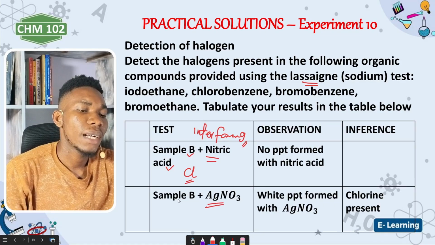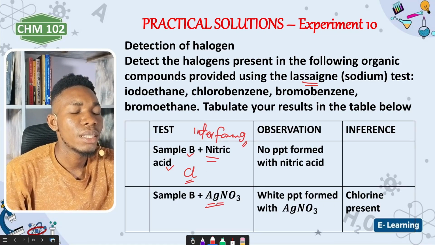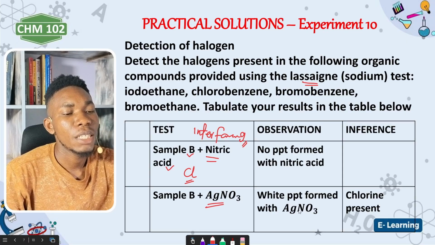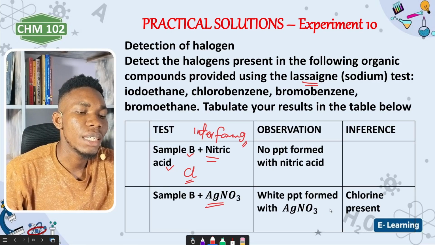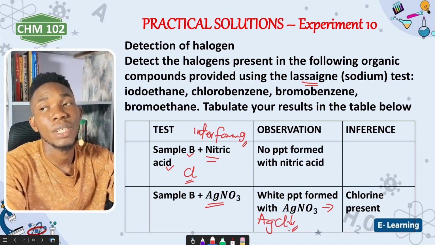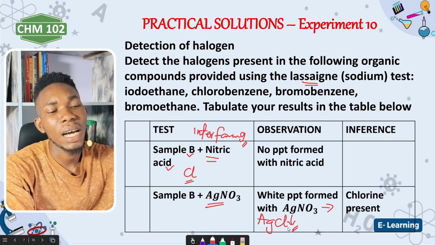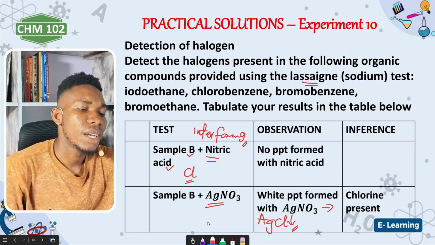So when you react sample B that has been treated with nitric acid with silver nitrate, a white precipitate is formed. The white precipitate formed with silver nitrate is silver chloride. Are you getting it now? Silver chloride precipitate. That is to tell you that chlorine is present. So what we actually did here is very simple.